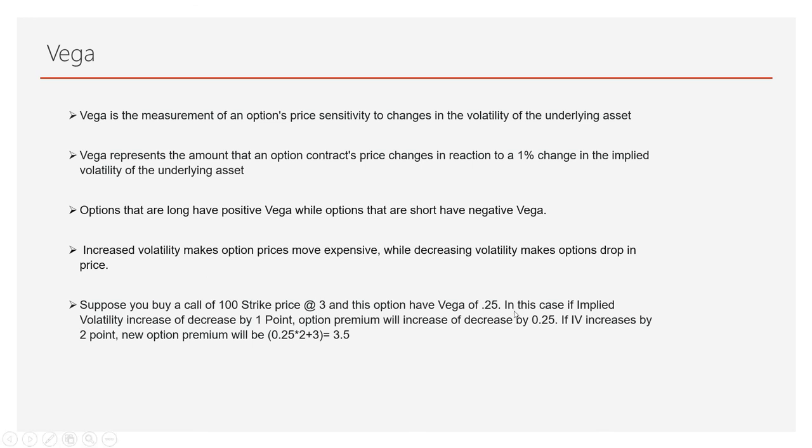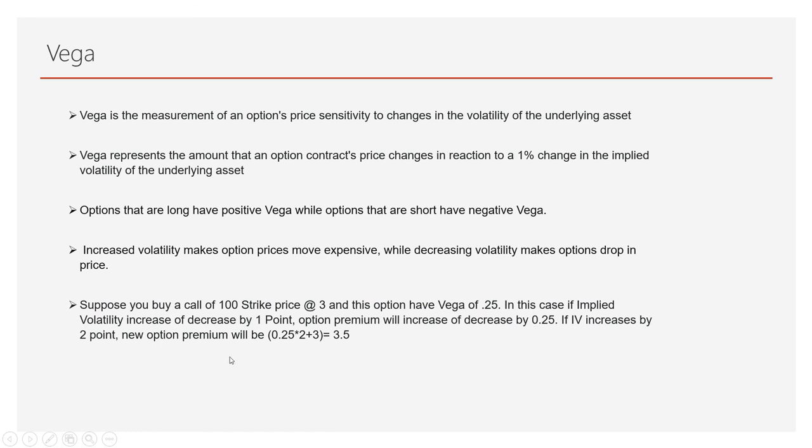If IV increases by 2 points, the new option premium will be 0.25 into 2 plus 3, equal to 3.5, because 3 was the earlier price.